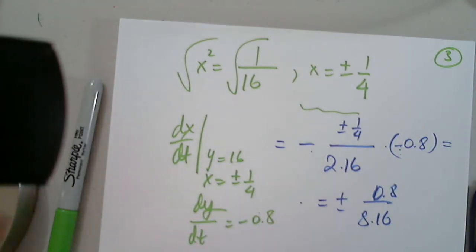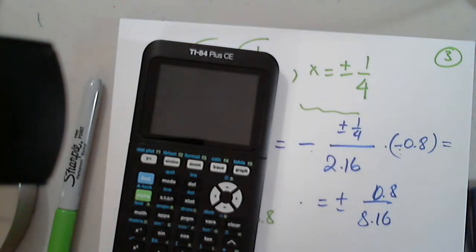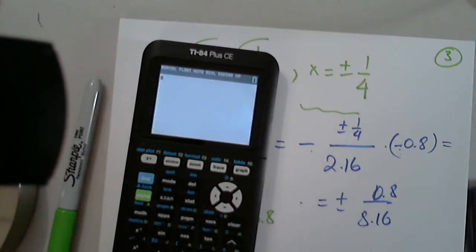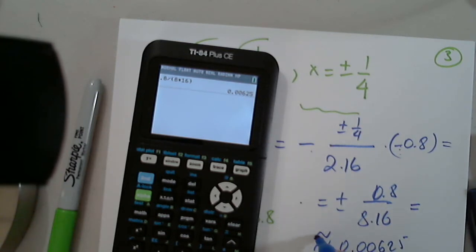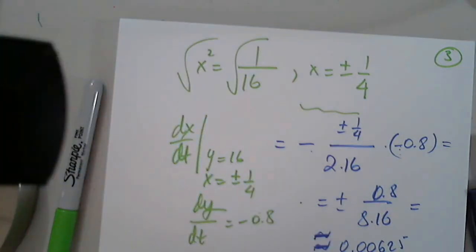So whatever I get here, 0.8 divided by, in parentheses, 8 times 16, I get approximately 0.00, oh, it's just exact actually, 0.00625, but it's positive or negative, because they're not telling us which one they want.